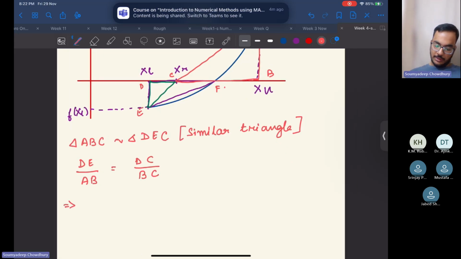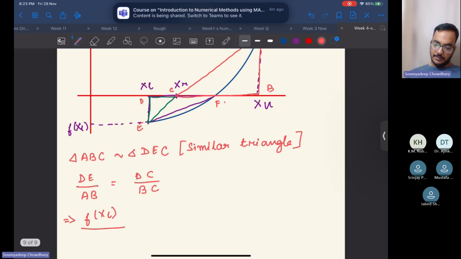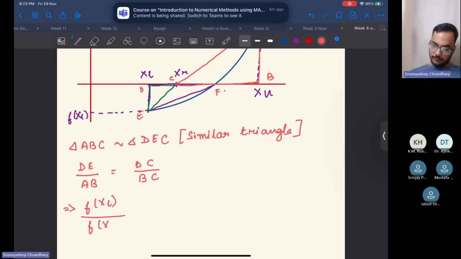What is DE? DE is f of XL. AB is f of XU. DC is XR minus XL. And BC is XU minus XR.